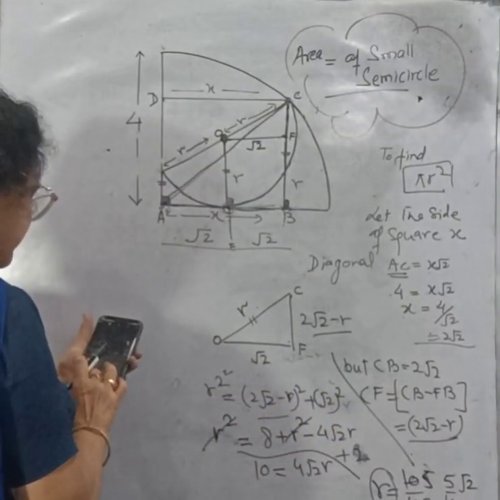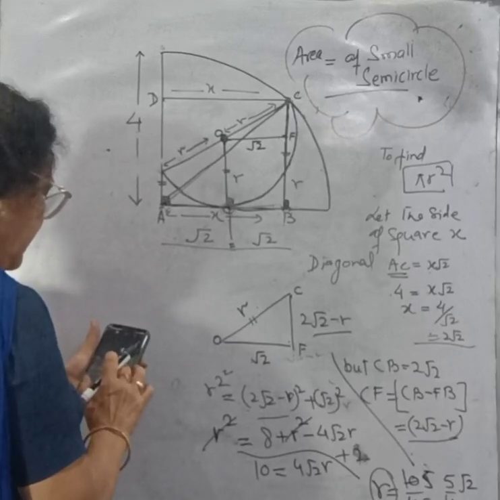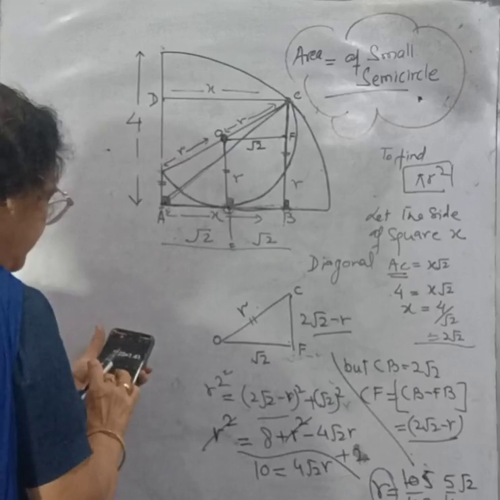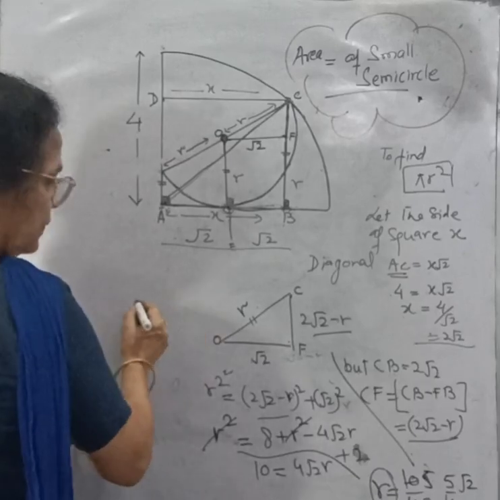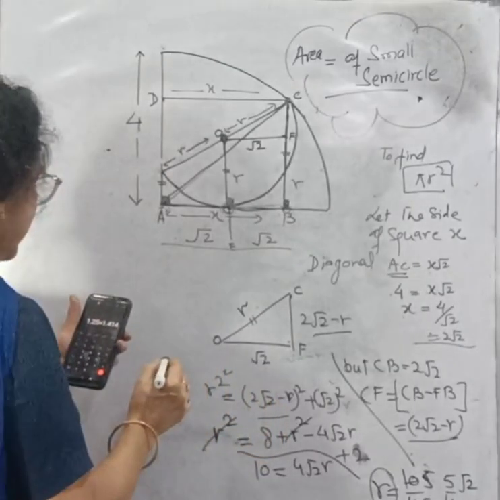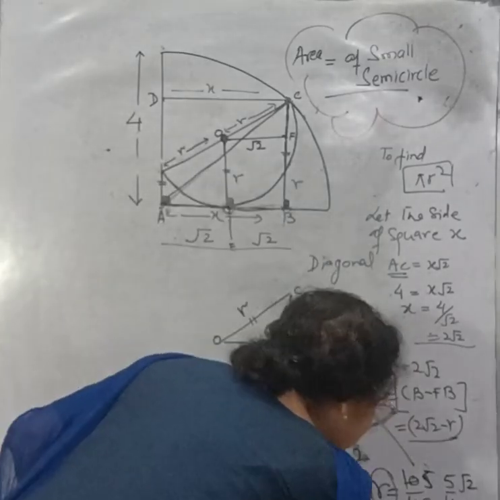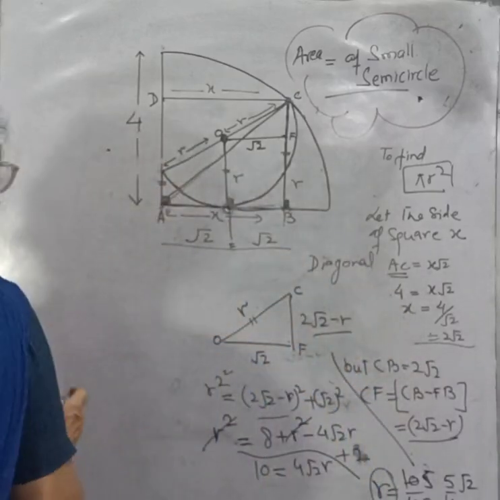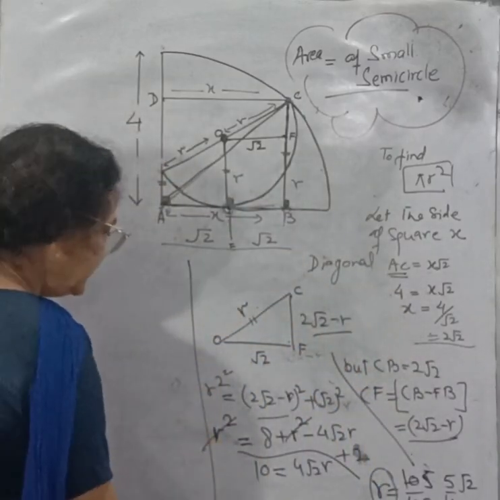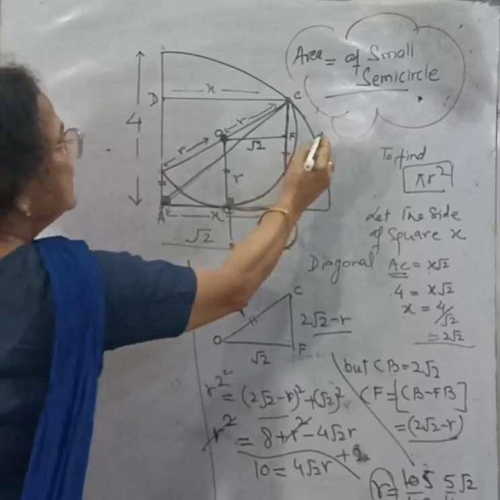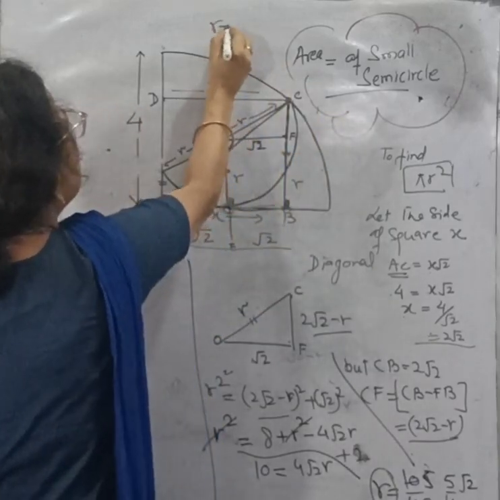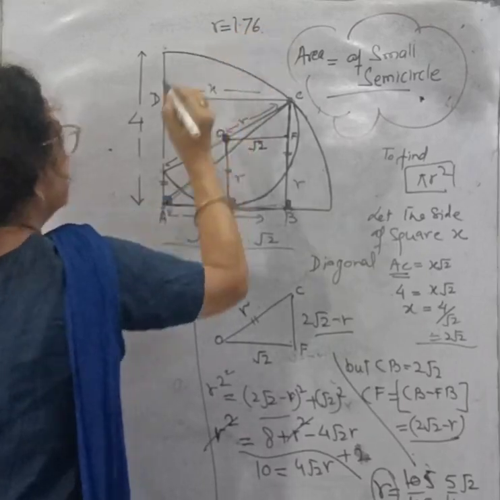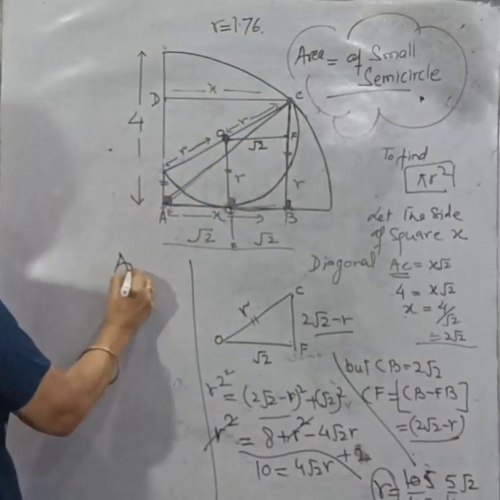Then 1.25 into 1.414, approximately, the value of this is 1.76. Okay, now we have to find the area. We have obtained r equal to 1.76.